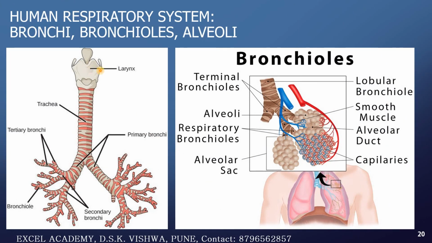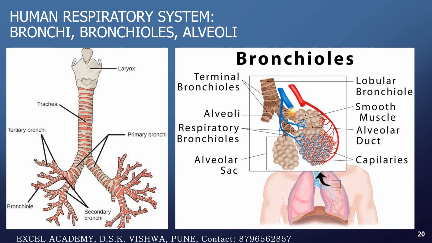So this is a detailed diagram. This is the larynx. This is the trachea. You can see these red bands, which are cartilages. Now these are the bronchi, primary bronchi, two in an inverted Y shape. Then there are secondary bronchi and then tertiary bronchi, which again branch into bronchioles.